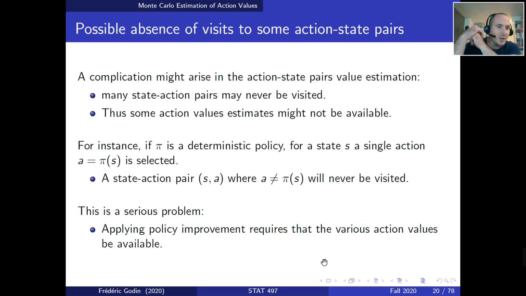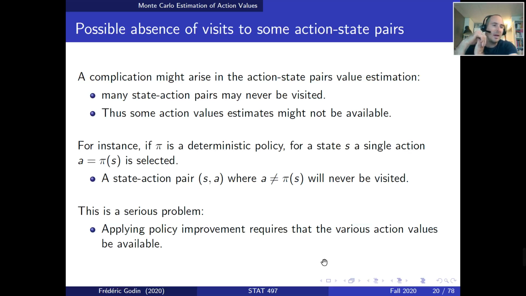Okay, so is this a good way of proceeding? This is the first approach proposed in the book, but what might happen is that some state action pairs might never be visited if you do that.